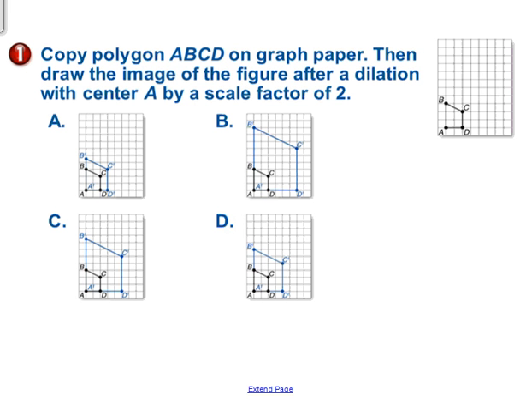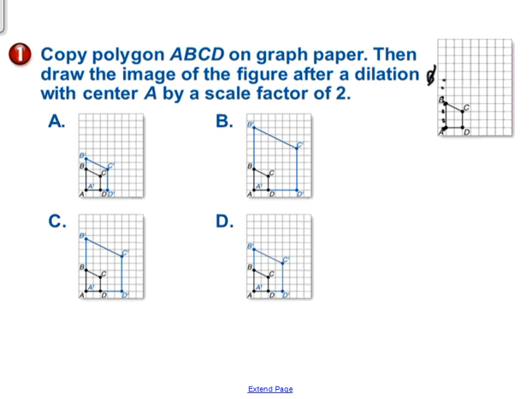Here's another one. Copy the polygon ABCD on graph paper, then draw the image of the figure after the dilation with center A and a scale factor of 2. If this is the center at A, and it's 1, 2, 3, that means that the distance on the dilation is going to be twice that, so it's going to be 1, 2, 3, 4, 5, 6, so that would become B prime.